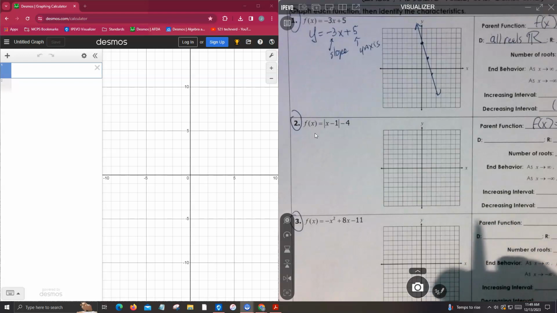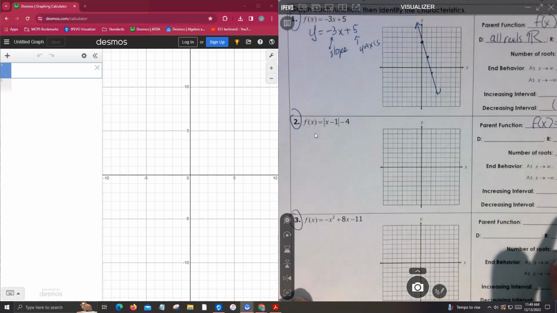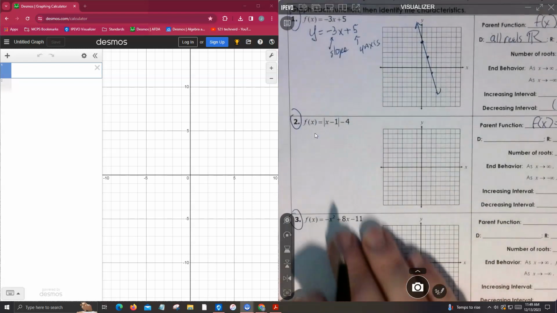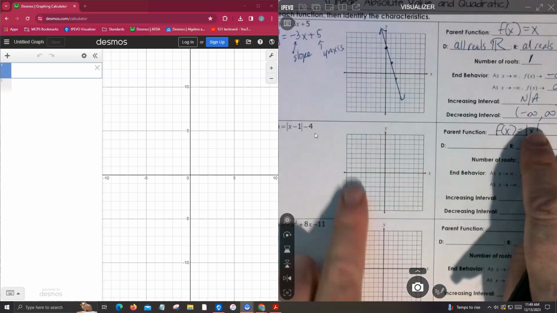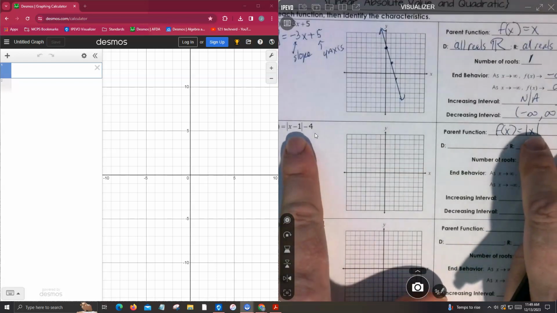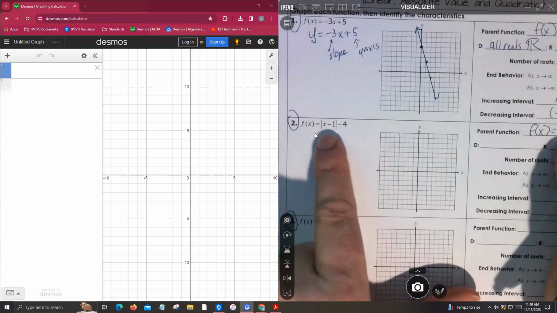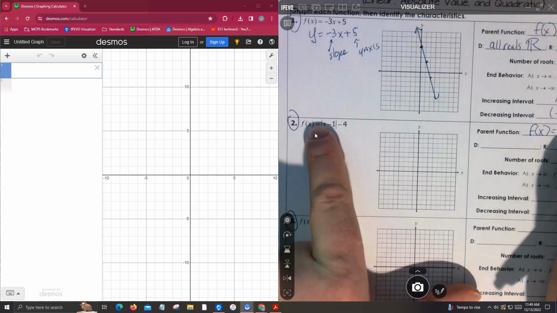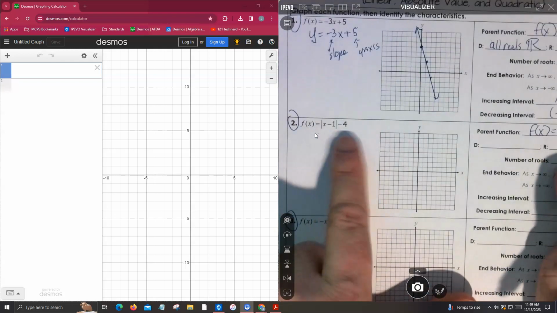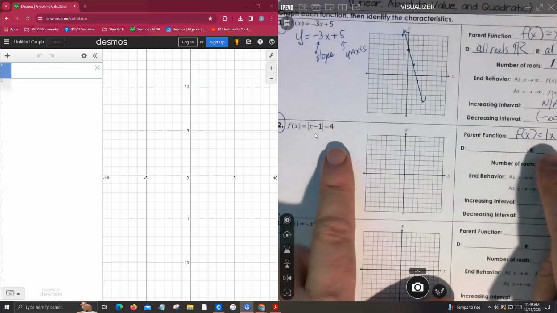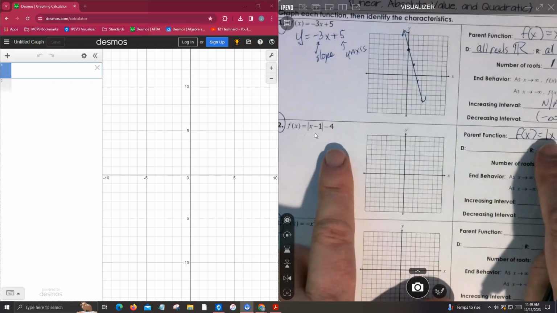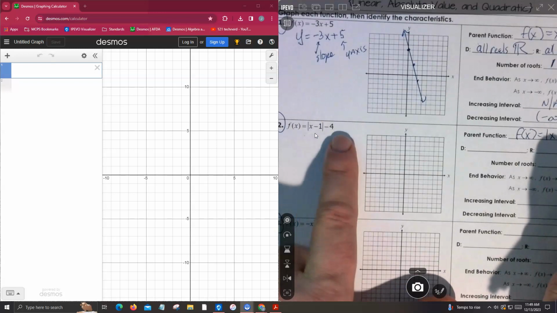I can tell that if I compare these two, I'm not doing any shrinking or stretching. I don't have a negative in front of it, so there's no flipping. So I'm only moving the parent graph in different directions.